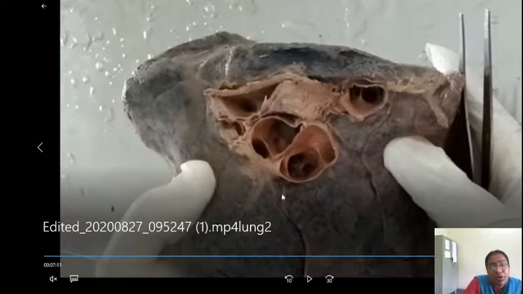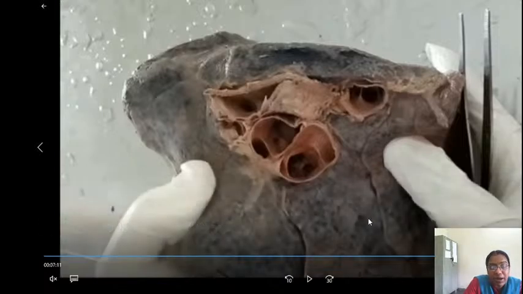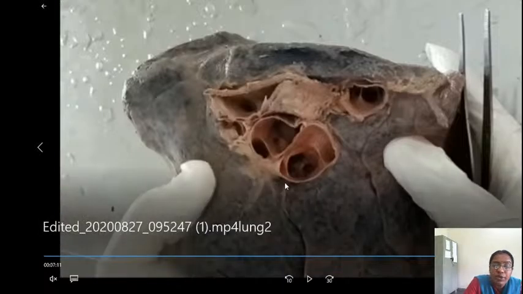When you come to the relations on the medial surface, it is very easy when you study what is present on the right side and the left side. So on the right side it is the right auricle with a part. You have to say that on your right lung there are impressions for the superior vena cava and the inferior vena cava, along with the azygos vein, because veins are coming on the right side.